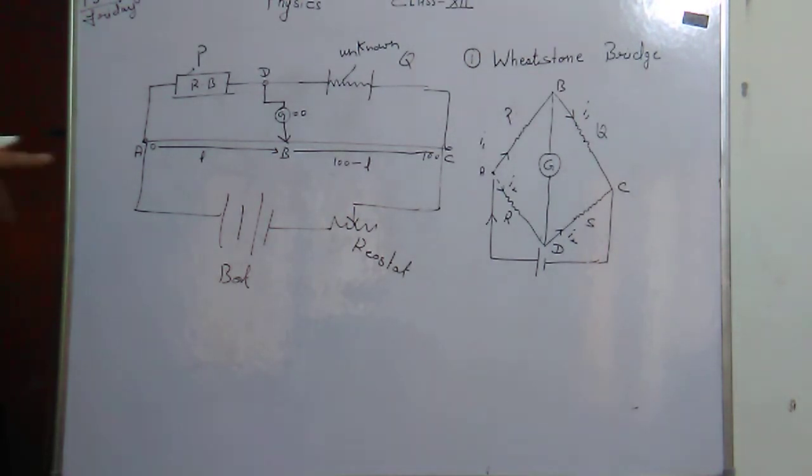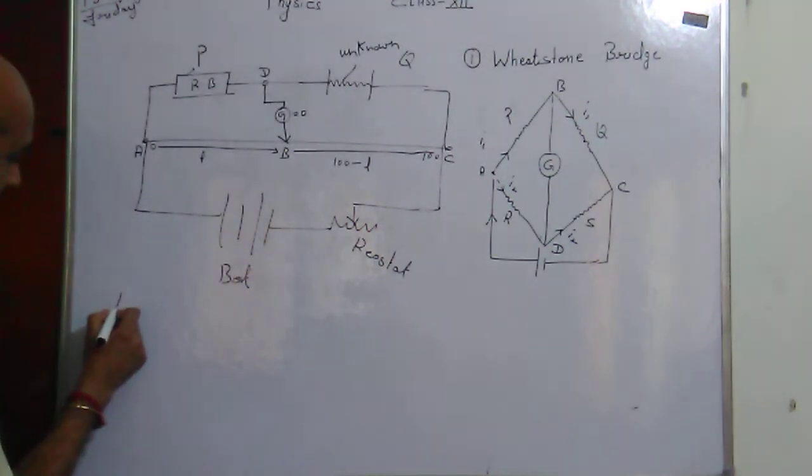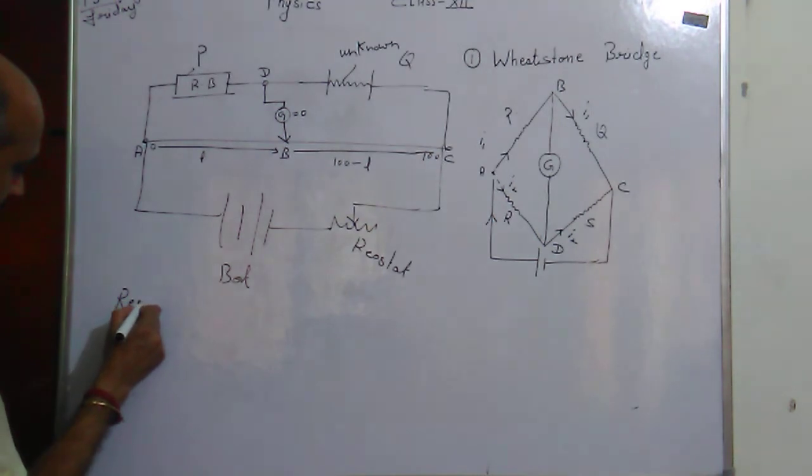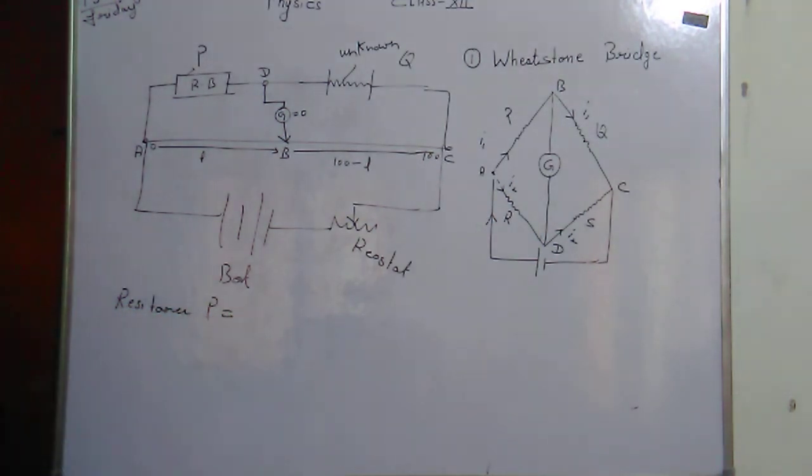What we have done, we have found the length of part BC. Now this is P and this is what? This is Q. अब P और Q को निकालते हैं, तो resistance P की जो value आएगी कितनी आएगी?